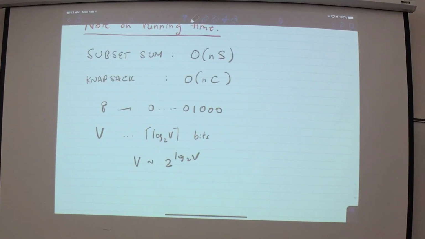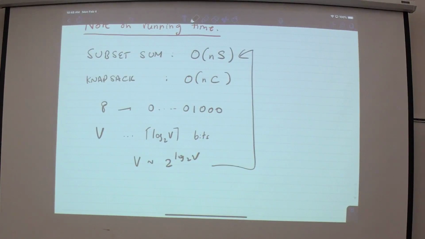Now let's go back to subset sum. We said the specification for subset sum was a bunch of numbers, their sizes, and an overall size we want to target.